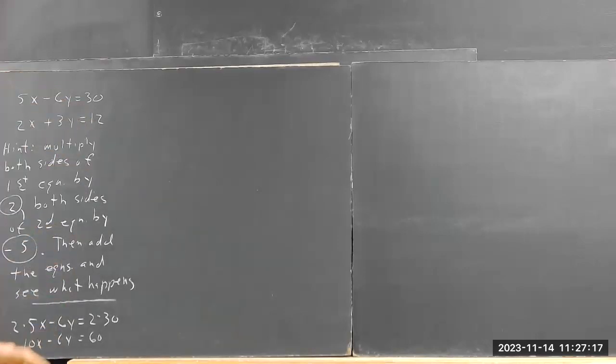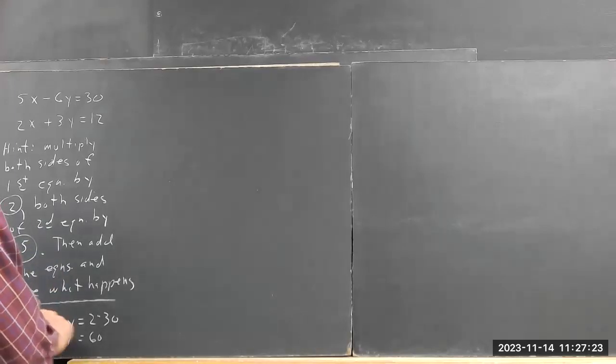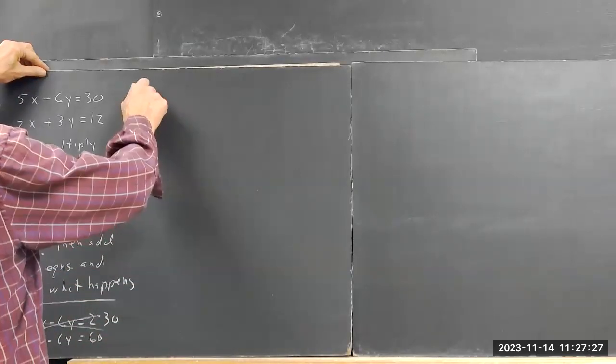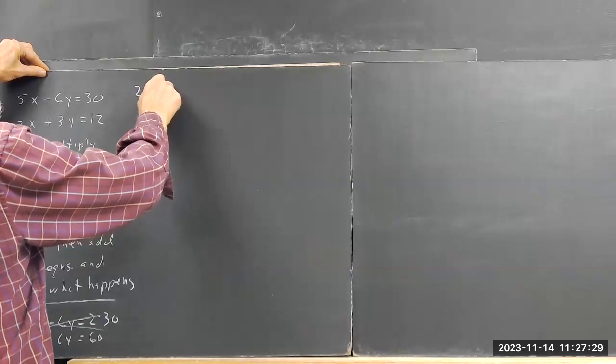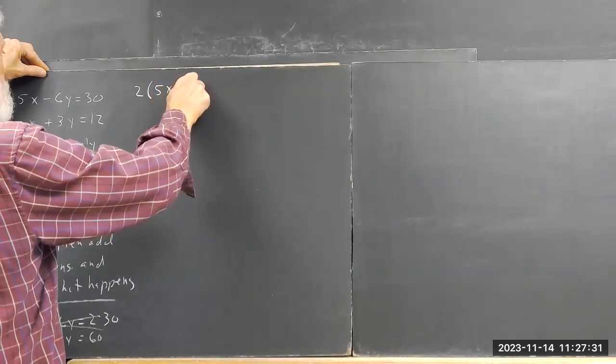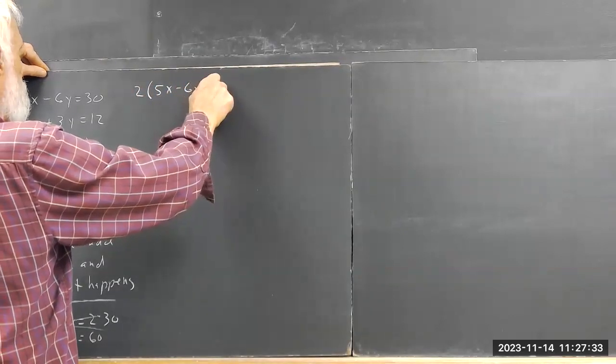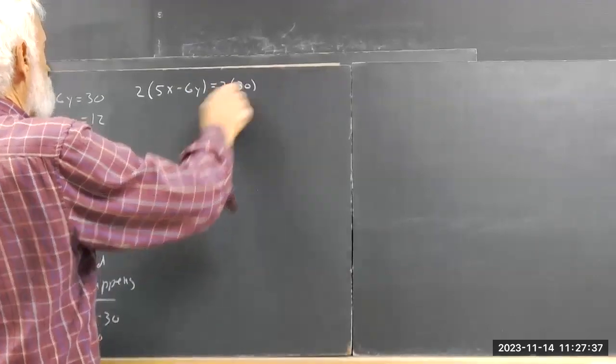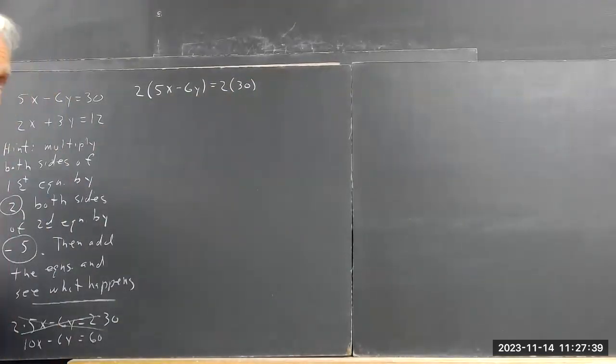And that comes down to the way you write it out. Okay? You can't write it out this way. You have to write out 2 times 5x minus 6y equals 2 times 30. 2 times the whole side.